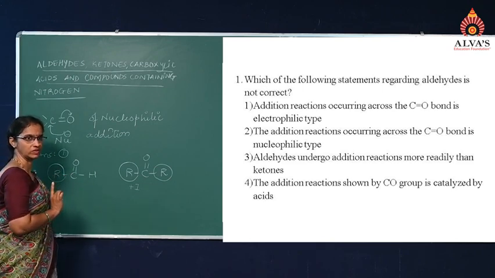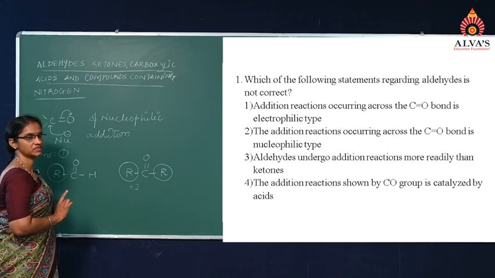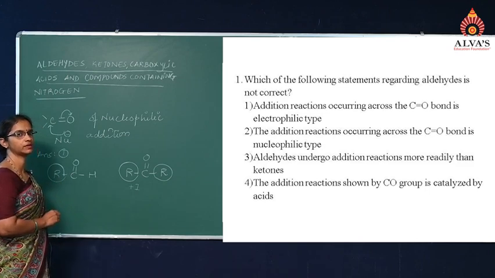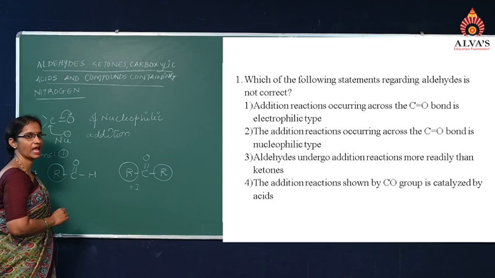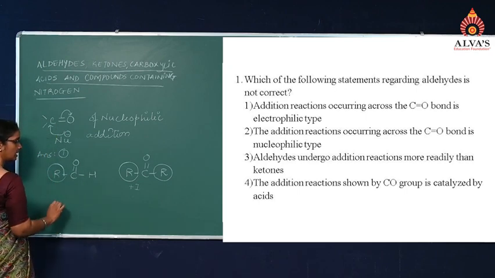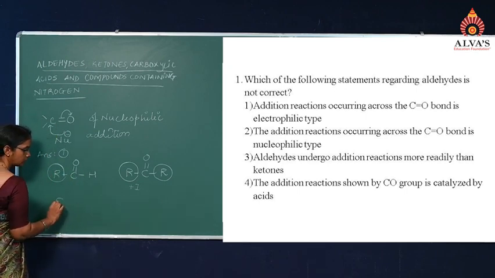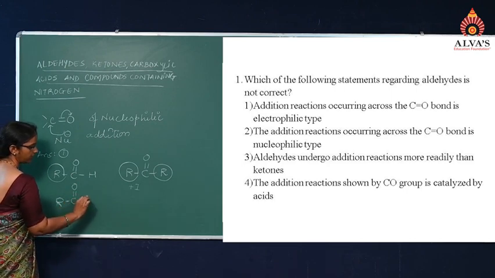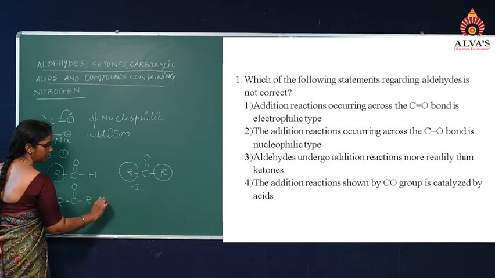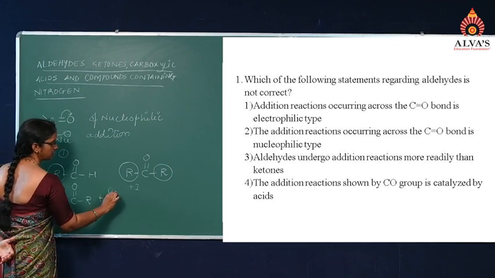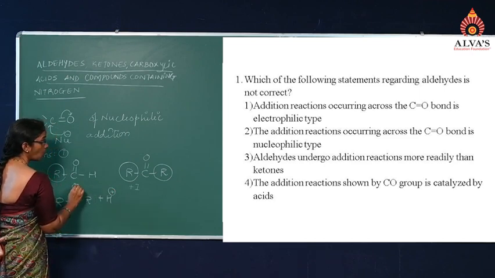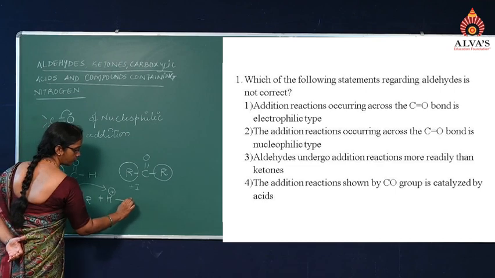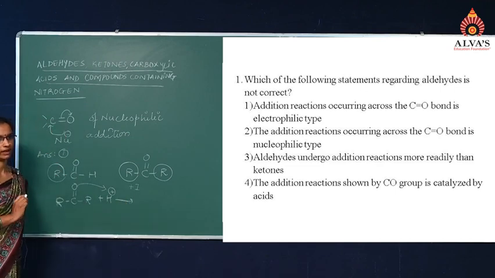Therefore, the third option is also correct. The fourth one says the addition reaction shown by the C=O group is catalyzed by acids. That is also correct, because the oxygen attached to the carbonyl carbon gets easily protonated in acidic medium. Hence, it facilitates the reaction more easily. Therefore, the fourth statement is also correct.